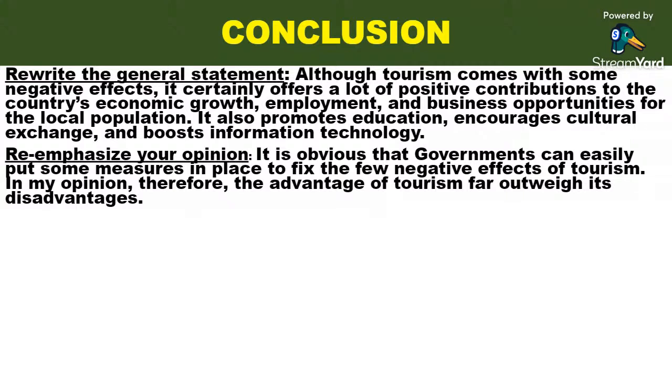They can be solved easily. And if the government can fix those problems, then of course they are no longer to be considered a problem at all. Then, in my opinion, therefore, the advantage of tourism far outweighs its disadvantages.